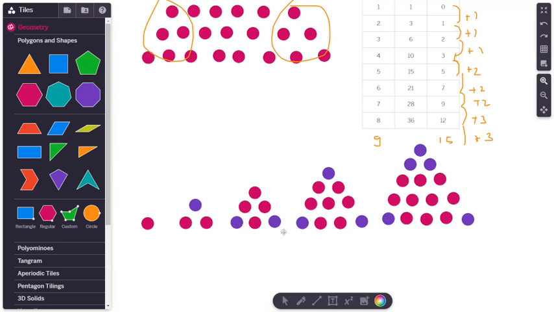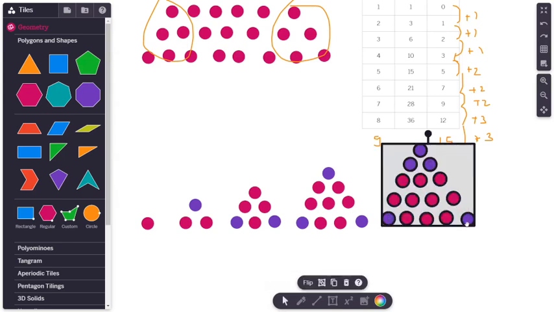Then 3. Then we are adding another triangular number on the top. 1, and then the next triangular number is 3. Next, 3, 3, 3.